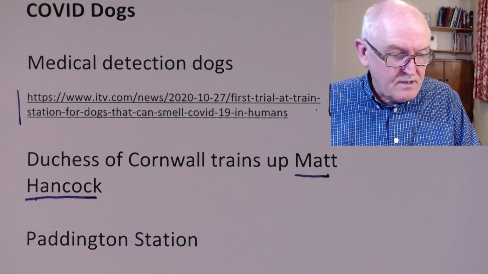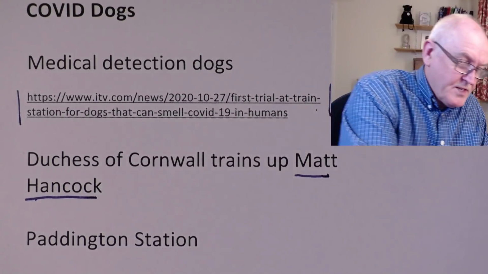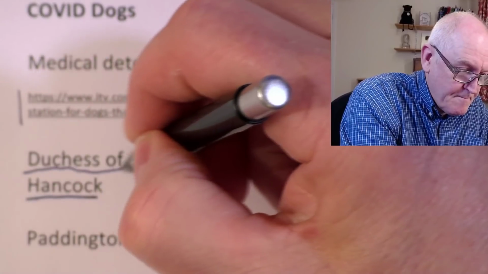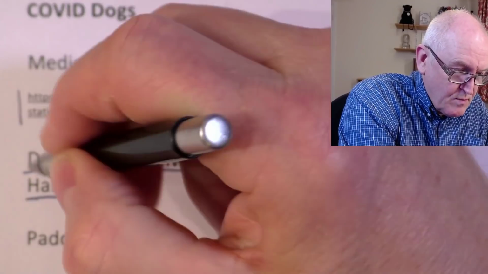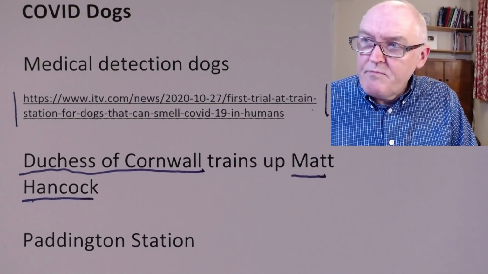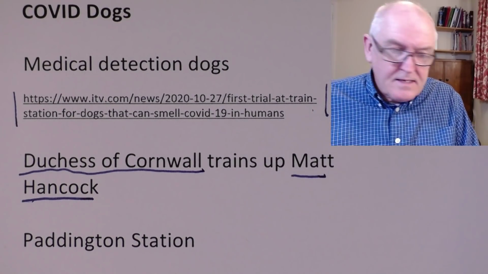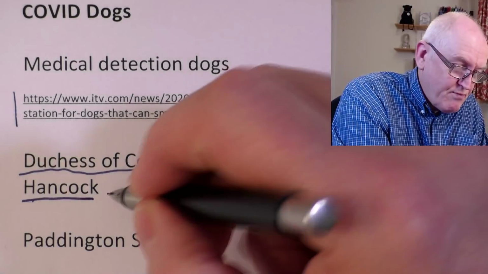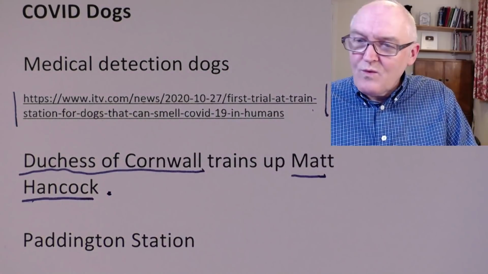He's our Secretary of Health, trained by the Duchess of Cornwall herself. Presumably she is going to be our future Queen, so a lady of some repute. And Matt Hancock did seem to be pretty impressed.